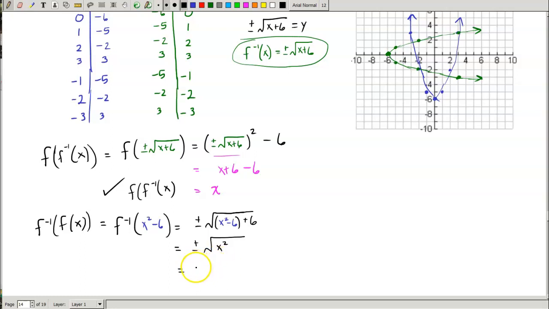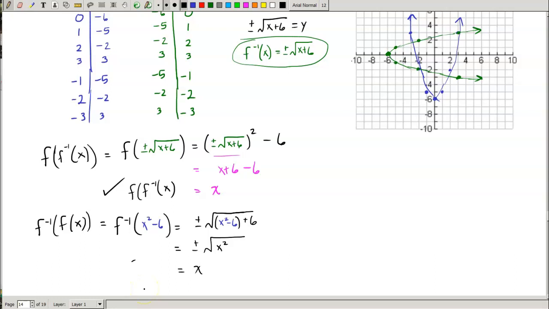So it gets a little confusing here, because if this is already plus or minus, and then this root x squared can be plus or minus, I'm not going to go into super details here. This whole thing, we're just going to say goes down to x. The square root of x squared comes back down to x.